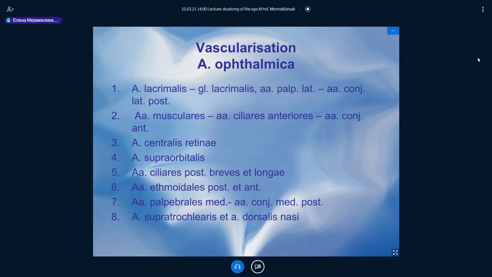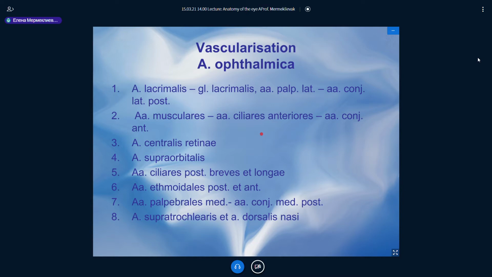The vascularization is from arteria ophthalmica, which is a branch of arteria carotis interna, and its branches are arteria lacrimalis, which supplies the glandula lacrimalis and the anterior, the lateral part of the eyelids and the posterior lateral part of the conjunctiva.